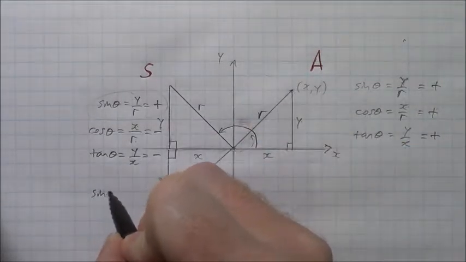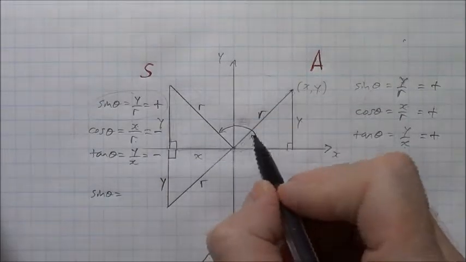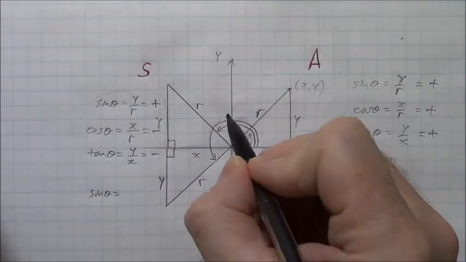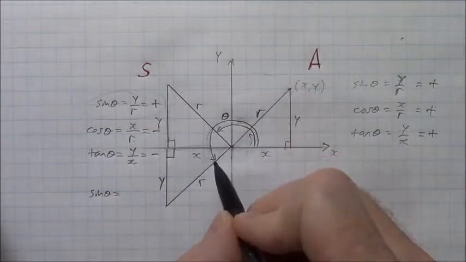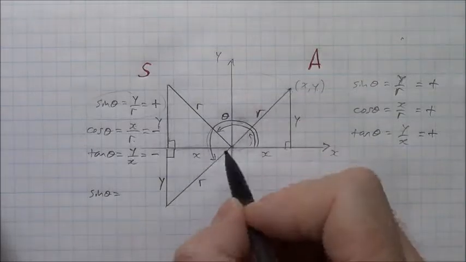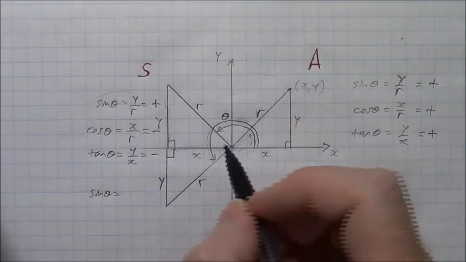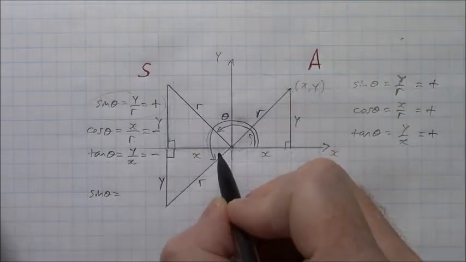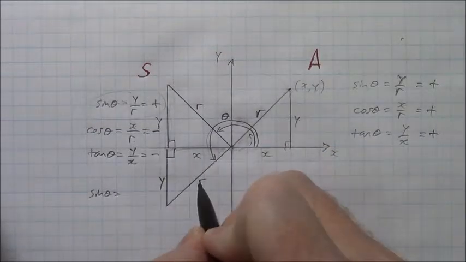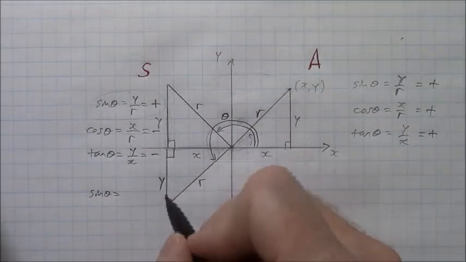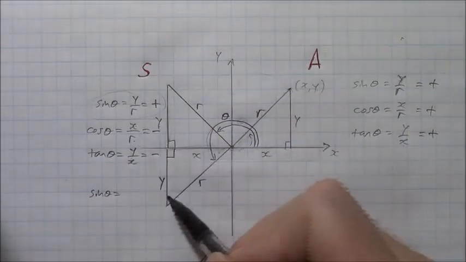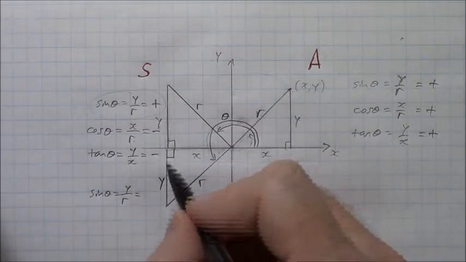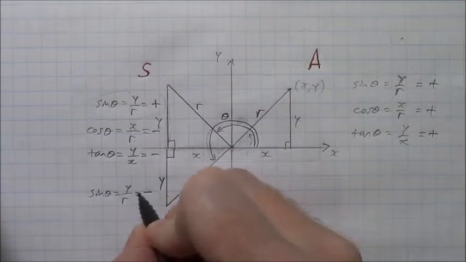So for sine theta, the angle of rotation is now all the way around into the third quadrant, and the ratio for sine theta is again opposite over hypotenuse. This time y is below the x-axis, so y is negative, and a negative over an always positive is going to give you a negative.